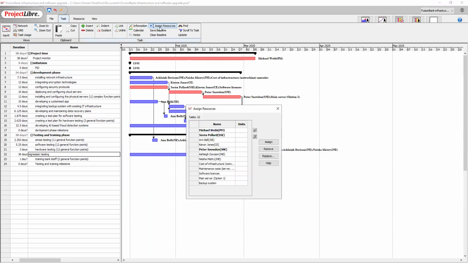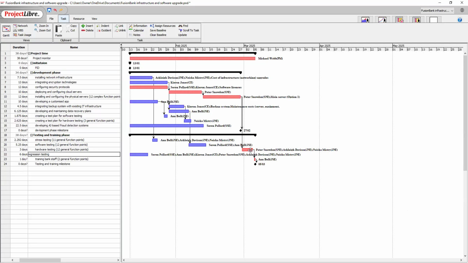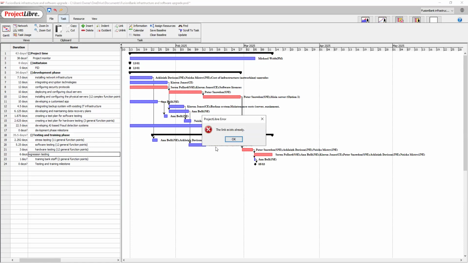So we're going to assign everybody. Assign, assign, assign. All right. So we've assigned everybody and it should be out here. It should be the last thing that we're doing.